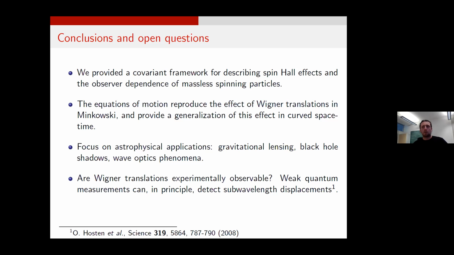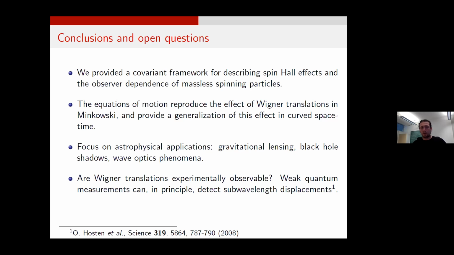Now, with this theoretical framework in mind, what we aim to do is to focus on astrophysical applications, to see what the implications of our equations are for various applications, such as gravitational lensing, black hole shadows, or wave optics phenomena in astronomy, for example. These are just a few examples; one can go beyond this list.